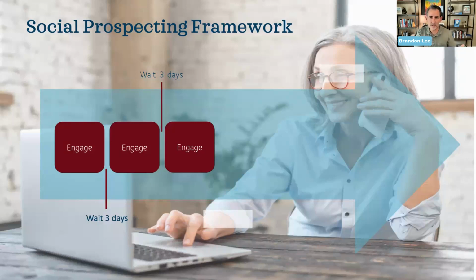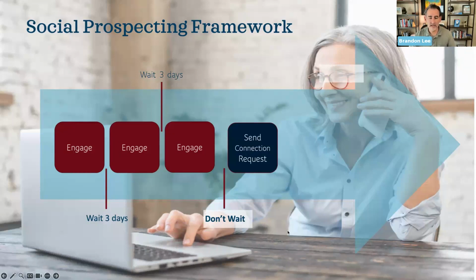You go to their company page and you look at those posts and you comment and you say intelligent things there, the notifications are going out to everybody that's liked that post, and most of them are usually employees of the company. Just a little power tip. So we've now engaged 3 times. Wait 3 days in between. We engaged the 3rd time. And now what we do is we send a connection request.